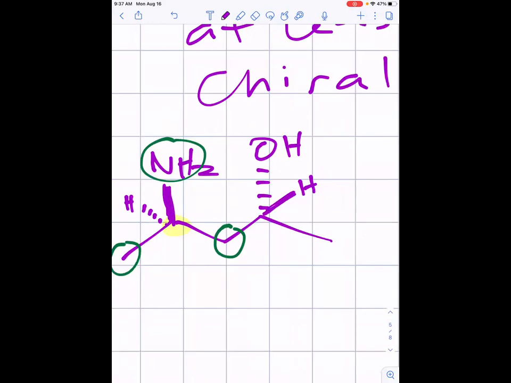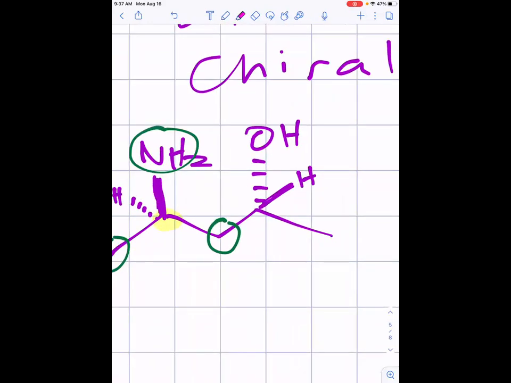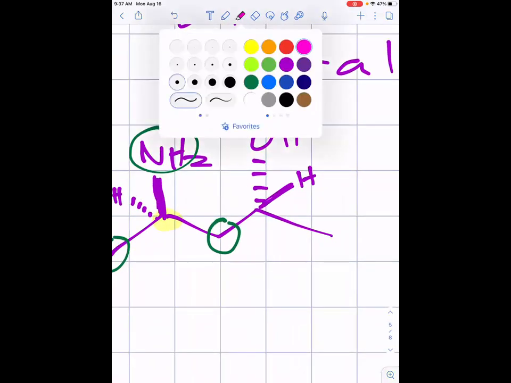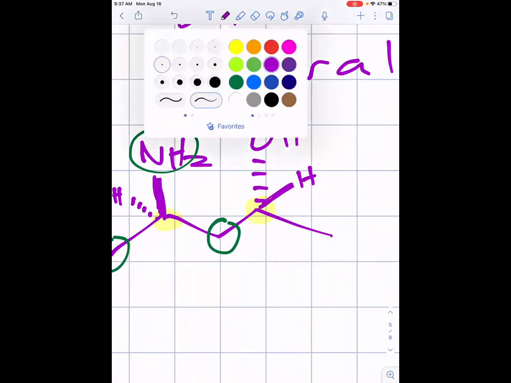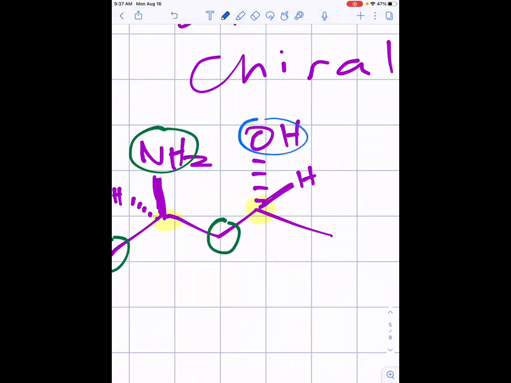And so again, if you look on this side, you can see that this is also a chiral center. It's got 4 different groups attached to it. It has the OH, it has hydrogen, has a CH3 here, and it has this carbon here in common with the other side.